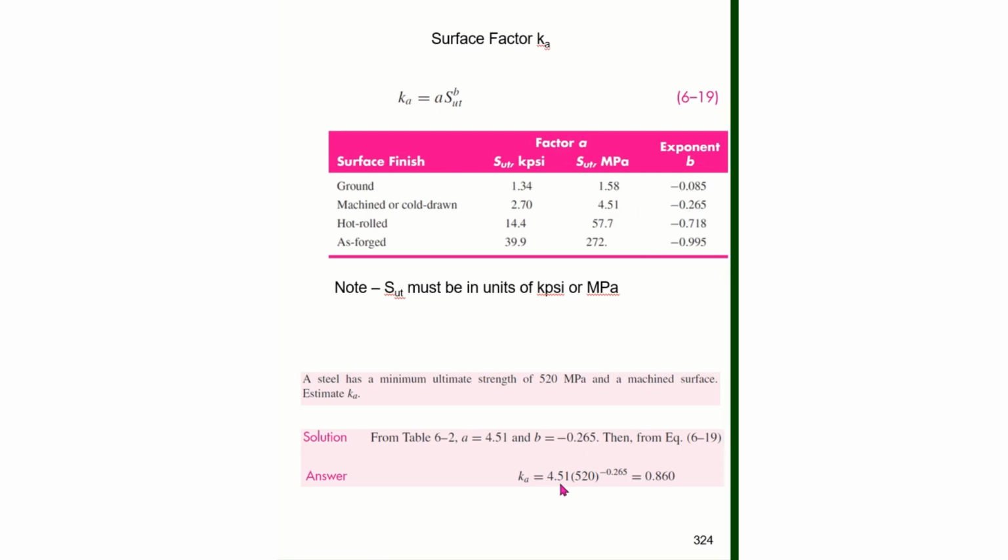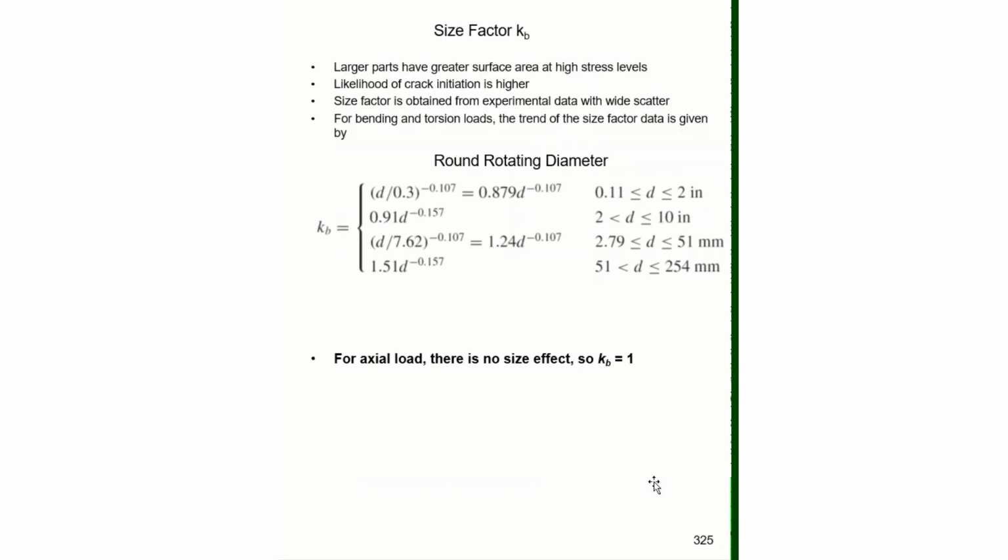And so I compute my Ka and it turns out to be less than 1 and in the range that makes sense. A machined or cold drawn surface is usually a pretty good surface, and so we would expect a relatively high value here, or a value close to 1. That's the surface factor, Ka.